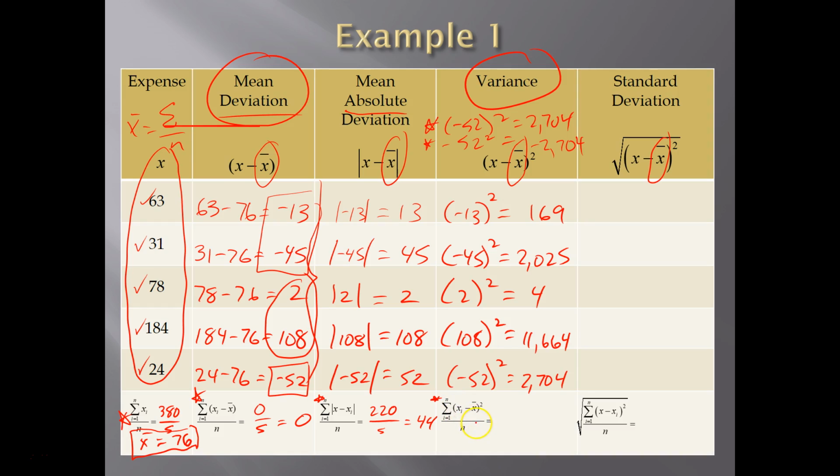You're going to add them together, the 169 plus the 2025 plus the 4 plus the 11,664, plus the 2,704, right?